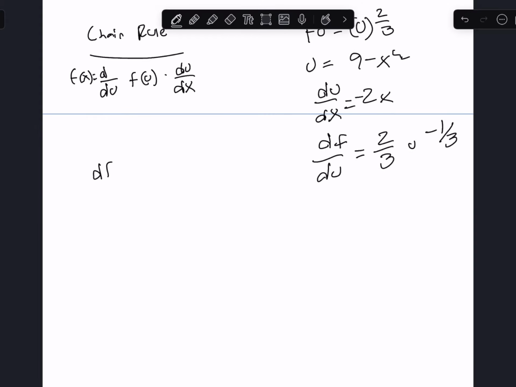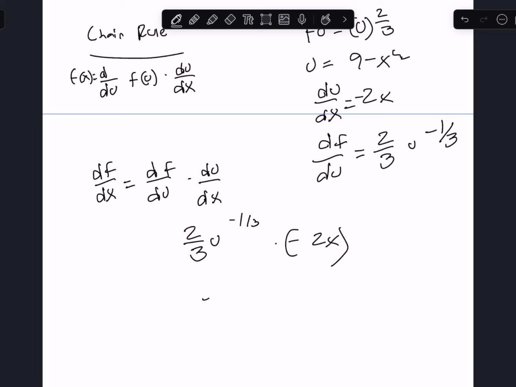So if df/dx equals df/du times du/dx, we're going to get 2 over 3u to the power of negative 1/3, times negative 2x, which equals 2 over 3, (9 minus x squared) to the power of negative 1/3, times negative 2x.